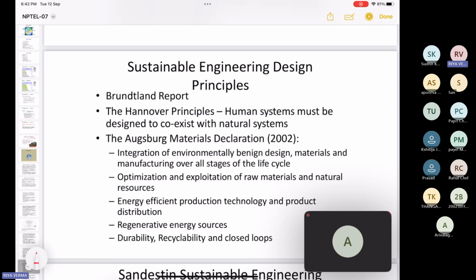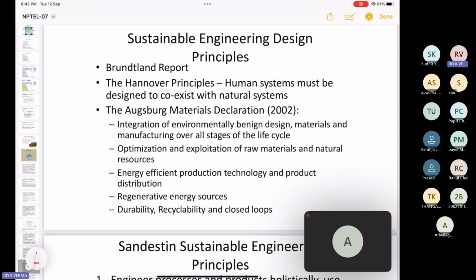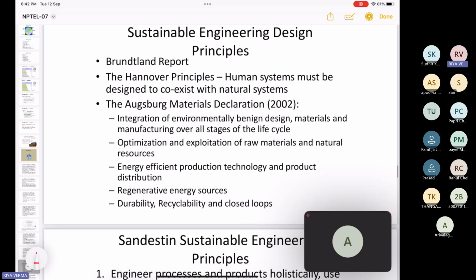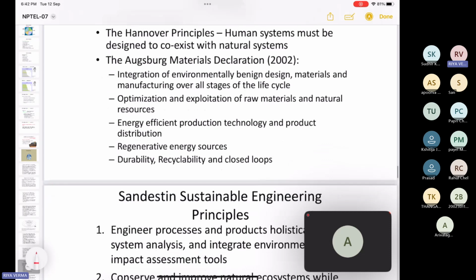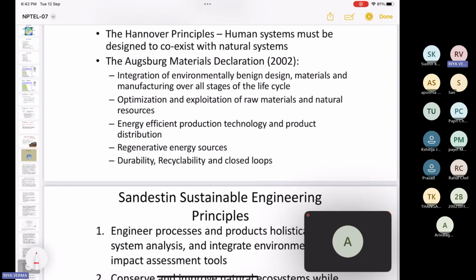Then optimization of exploitation of raw materials and natural resources was there. The next principle was energy efficient production technology and product distribution. Then regenerative energy sources, and then durability, recyclability, and closed loops. These are all the terms in the Augsburg Materials Declaration.